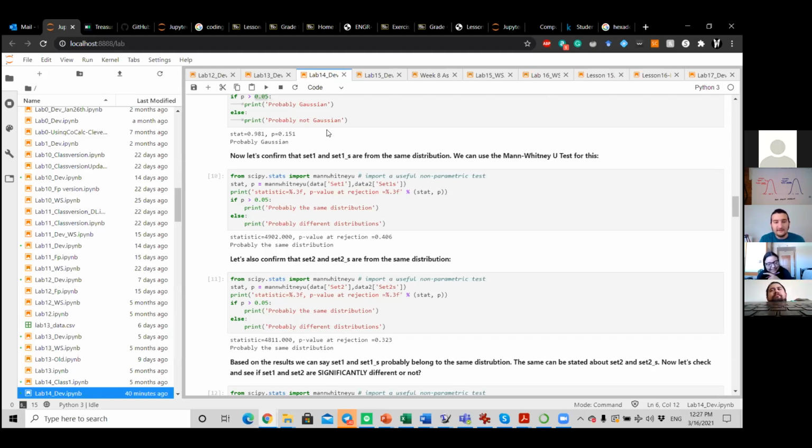If for any reason you cannot meet that requirement, you cannot use parametric tests and you should use non-parametric tests. Are we clear on that?